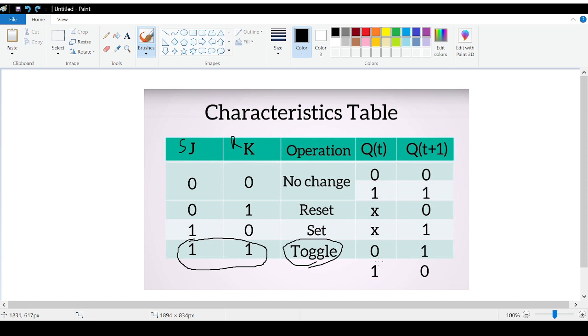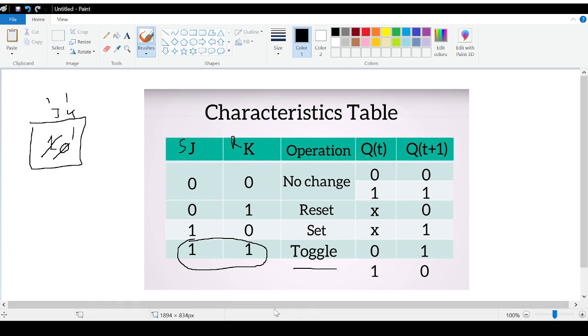However, if my flip-flop was holding 1, then it will invert my current value and convert it to 0. So let's say I have a flip-flop here with 1 stored. If I pass 1 and 1 through JK, then my state will become inverted. If it was 1, it will change to 0. If it was 0, it will change to 1. This is a special characteristic of JK, that if I pass 1 1 through it, it can invert the current state of my flip-flop.